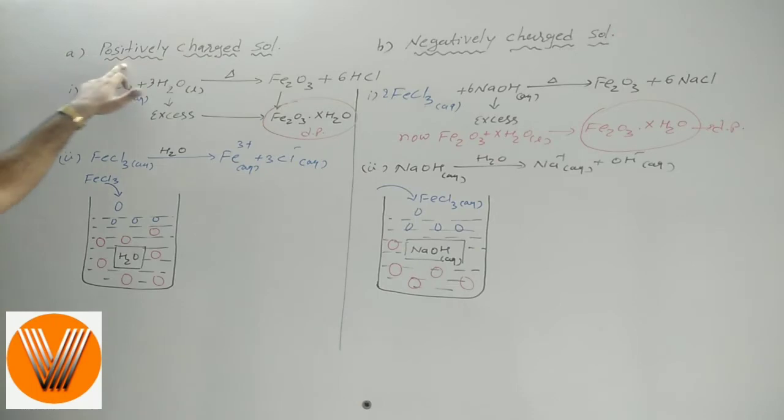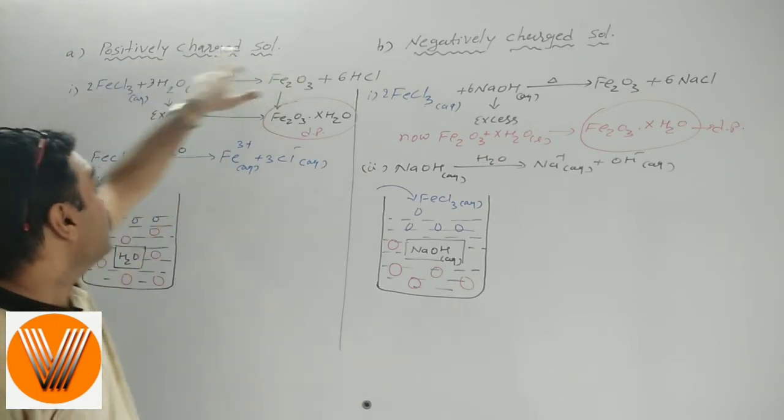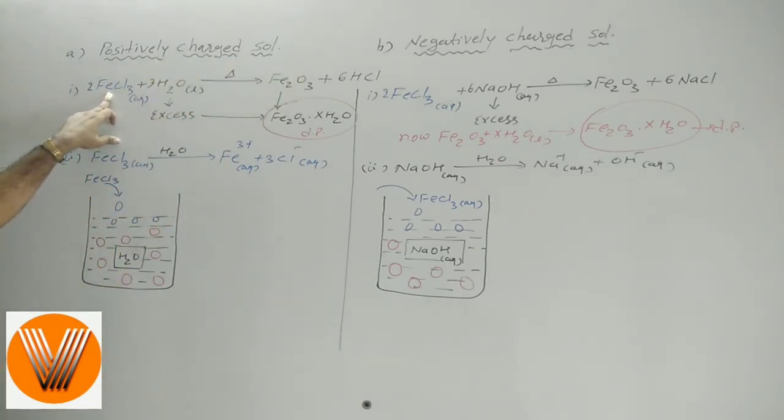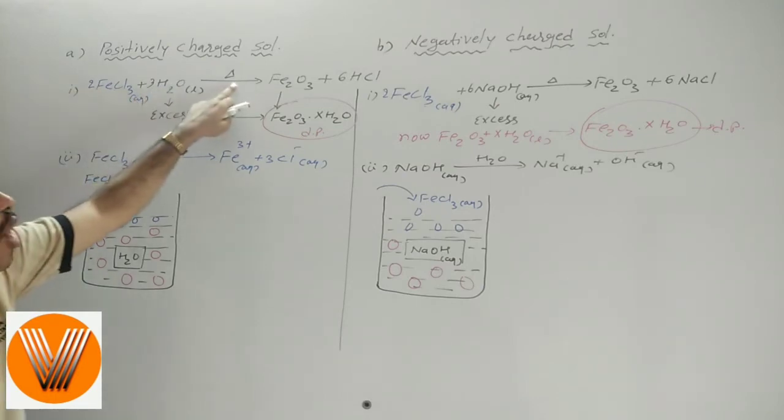Example A. Positively charged salt is obtained when ferric chloride, 2FeCl3, is added in warm water.